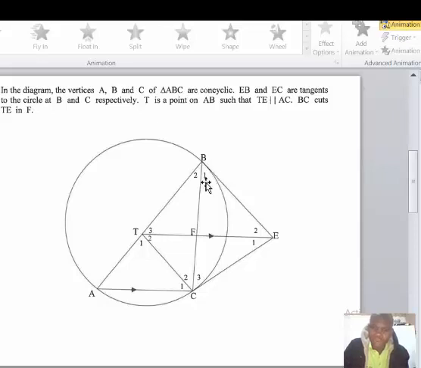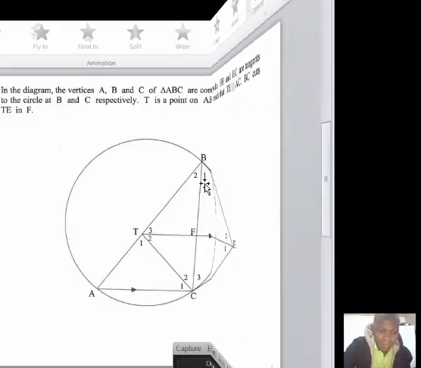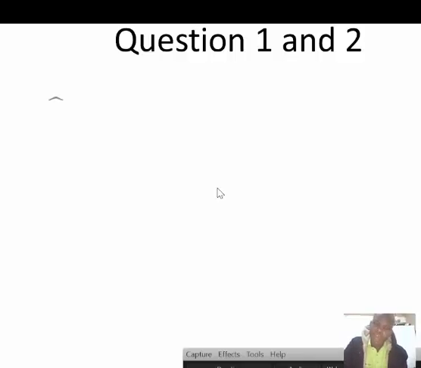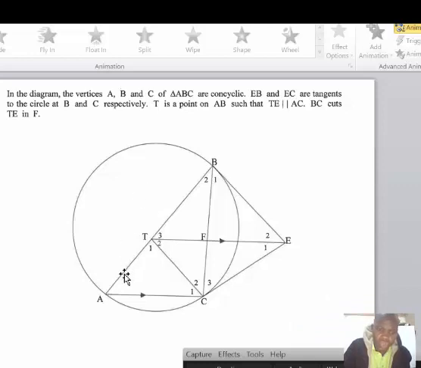So you can start off by saying that B1 is equal to A, tangent and chord.